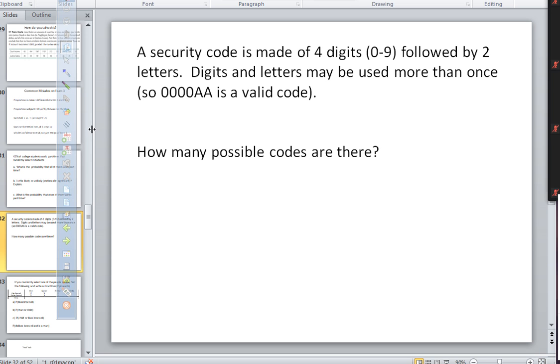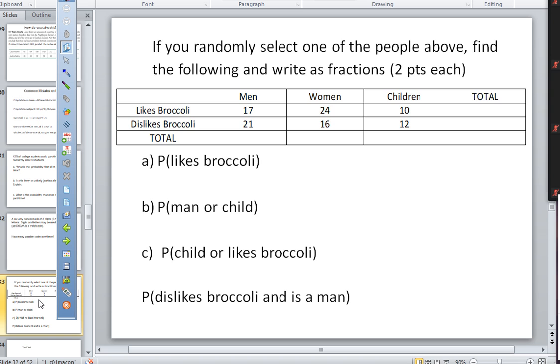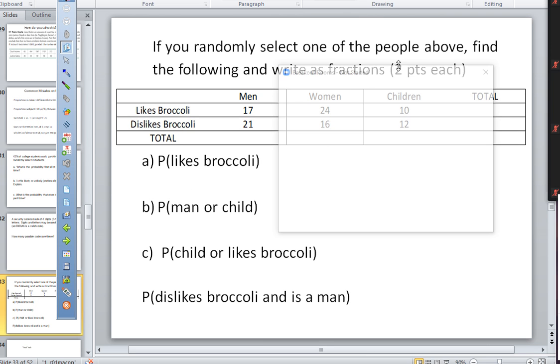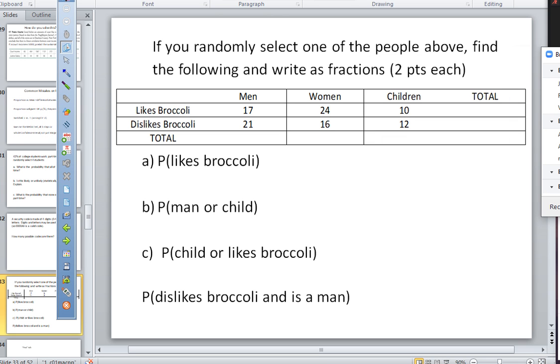Don't forget that. How many digits? 0 through 9, there's 10 digits. Don't forget 0, 0 the hero. I'll leave this one up also. I'm going to open up the breakout rooms for you guys to jump in there, and I'll give you 5 minutes.